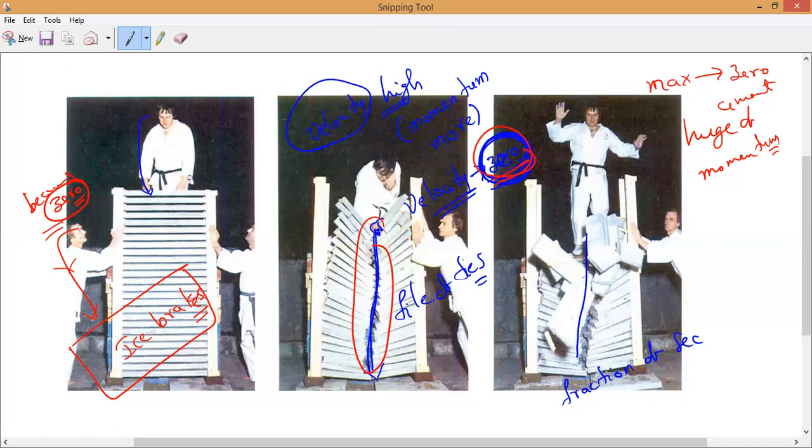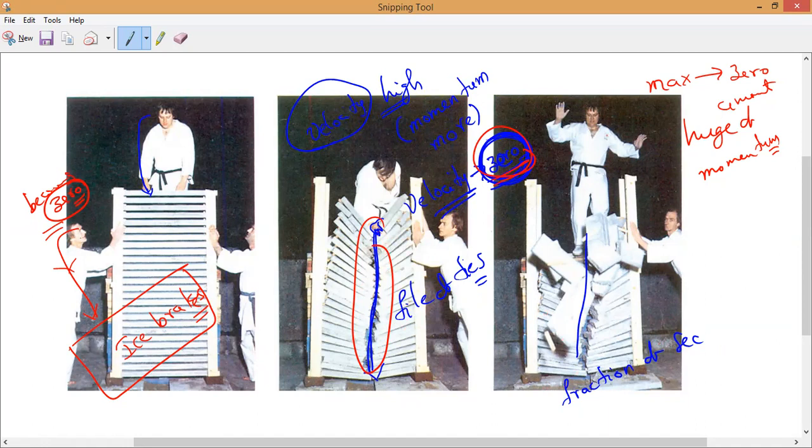So if a person hits the tiles with extremely high velocity, within a fraction of a second the velocity becomes zero. So when the velocity becomes zero, what will happen? That high velocity will exert a huge amount of force, which is sufficient to break all the piles of tiles. Do you understand, everyone?